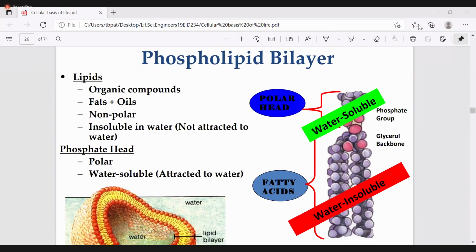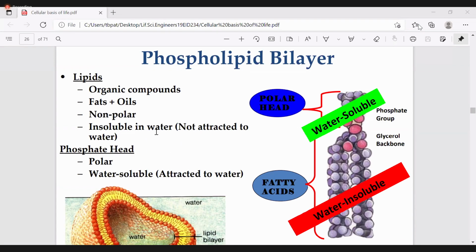These are all water soluble, these are water insoluble. Lipids are organic compounds, fats and oils, and nonpolar. Insoluble in water, not attached to the water.